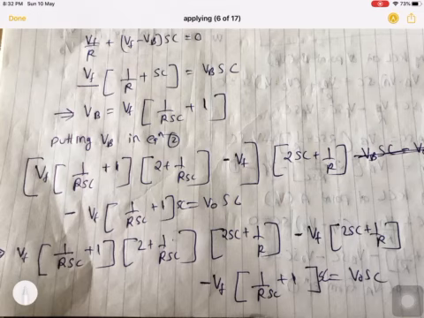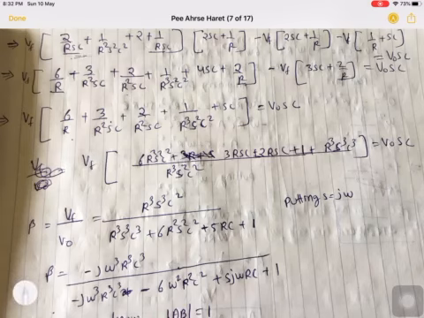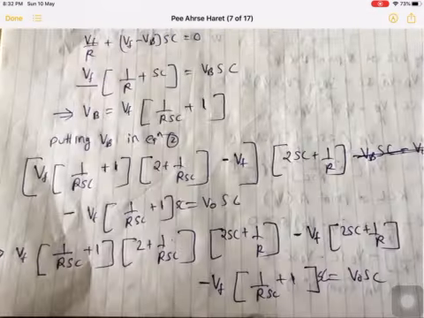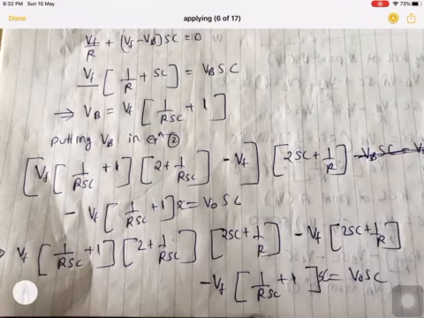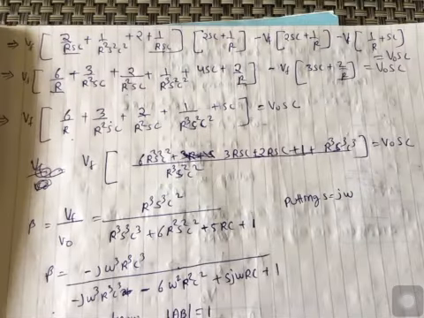So the first two terms will be 2 by RSC plus 1 upon R square S square C square. Now the second term: in the multiplication of these two terms, 2, then 1 upon RSC into 1 upon RSC into 1. So the second term will be 2 plus 1 by RSC.